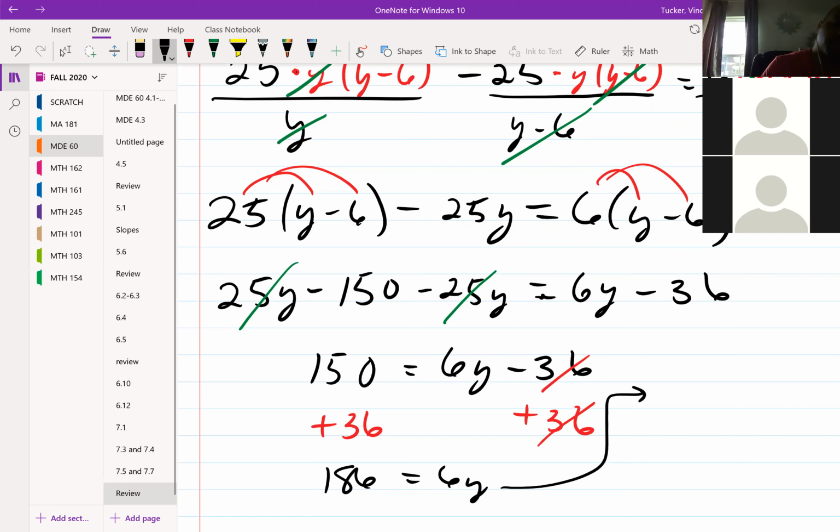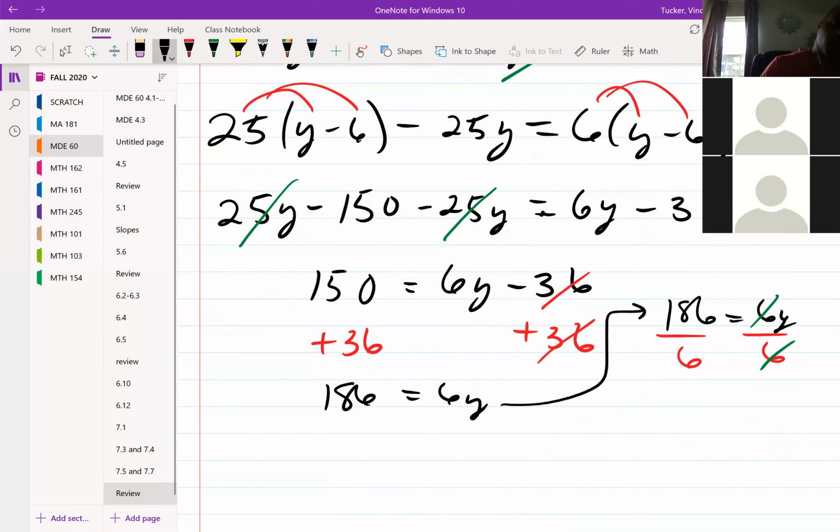Divide by 6. I'll keep consistent, turn that 31 red. So y is equal to 31.